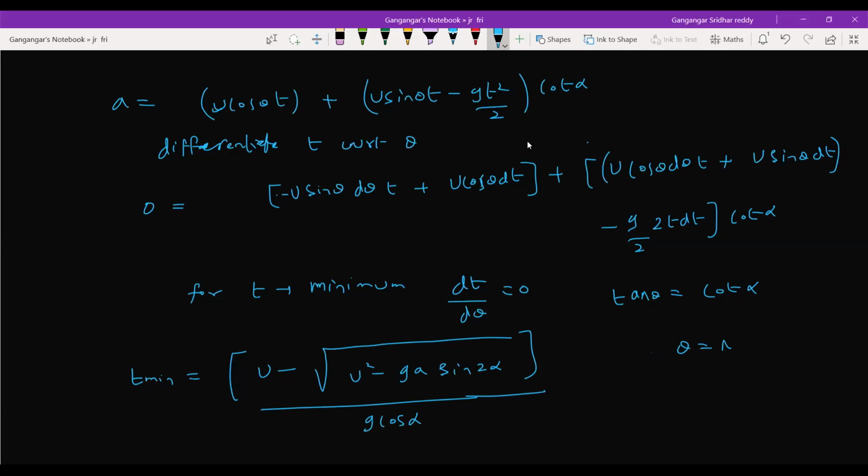Finally, you should end up with this much condition. It is just a different way of setting dt by d theta equal to 0. And this will be our final answer. Once you get the time, you can calculate the speed with which it will strike. Once you know time, you can get all other things.